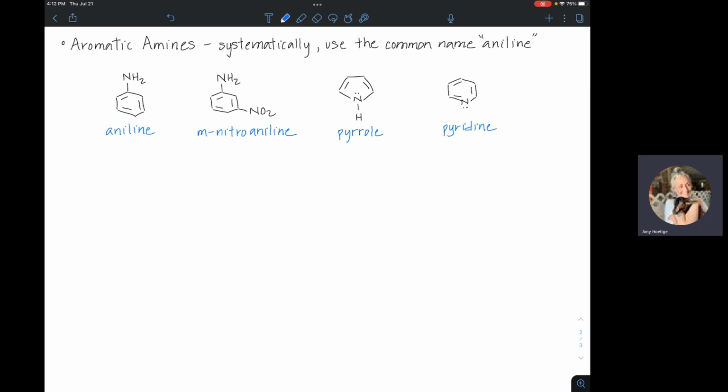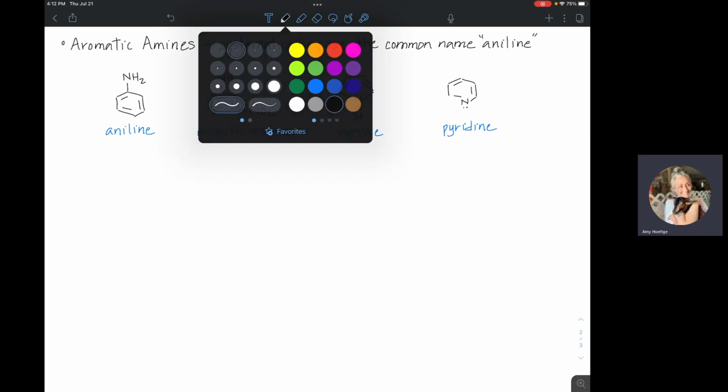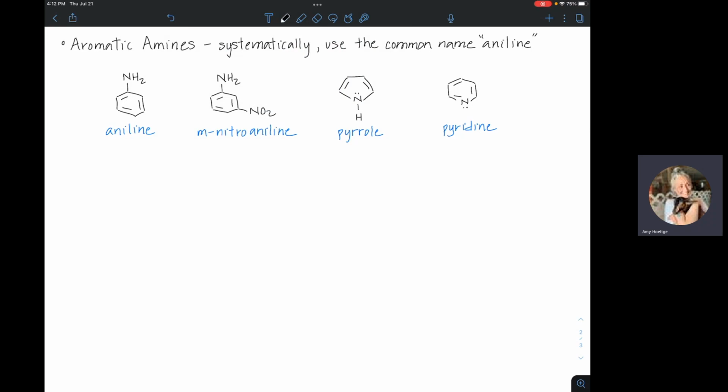When we're doing chemistry with these particular compounds, it behooves us to understand the geometry of the electrons. Meaning, if your lone pair of electrons is part of the pi system, like in pyrrole, that lone pair of electrons is actually lying in the same conjugated system.